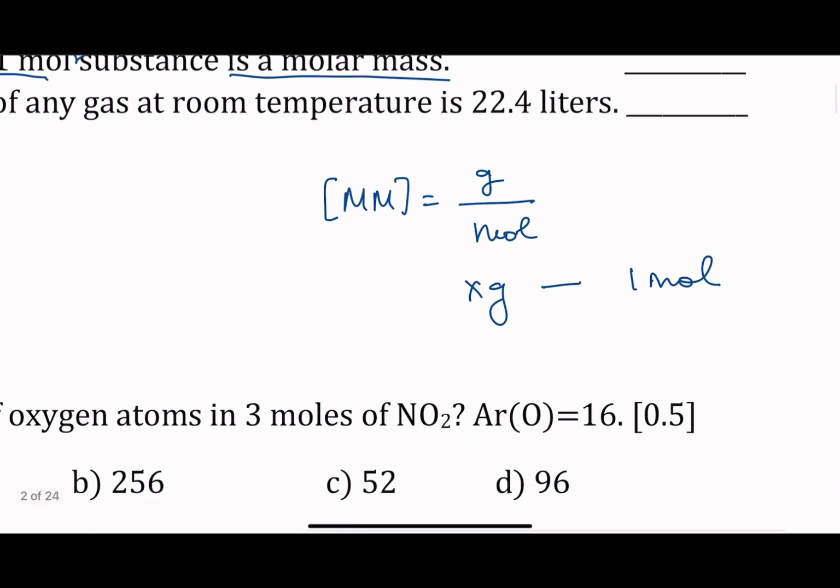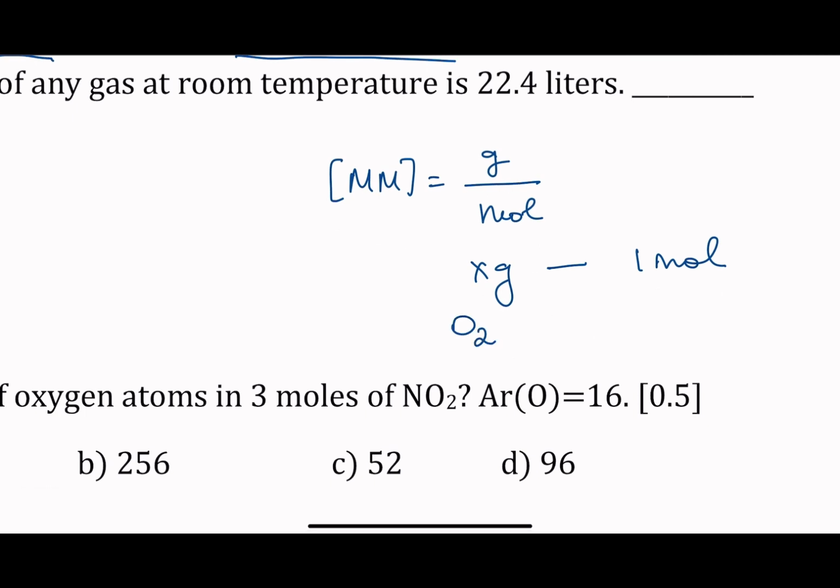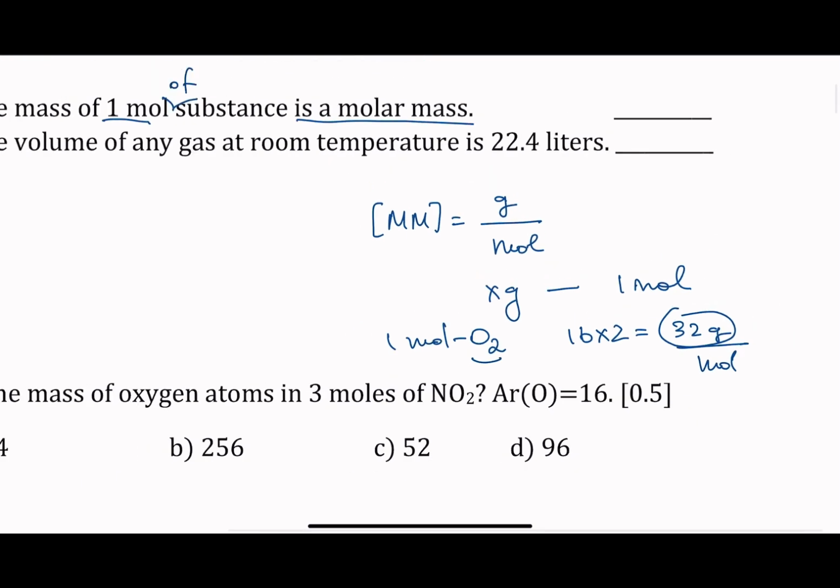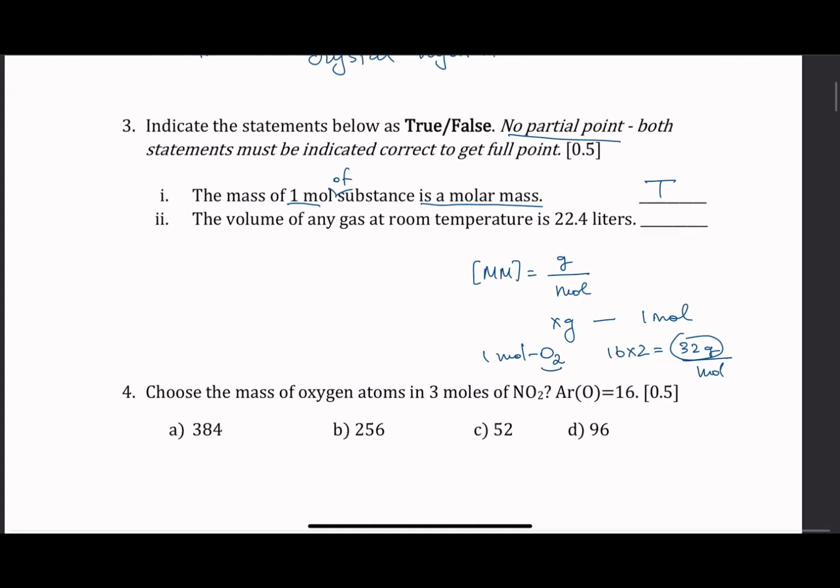For example, if you have an oxygen molecule, it will have 16 times 2, which is 32 grams per mole, meaning for 1 mole of O2, you have 32 grams, and that's why this is true.